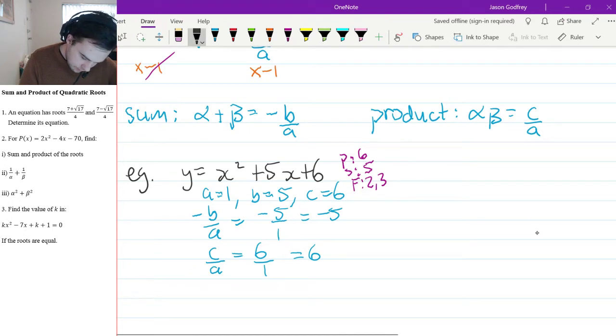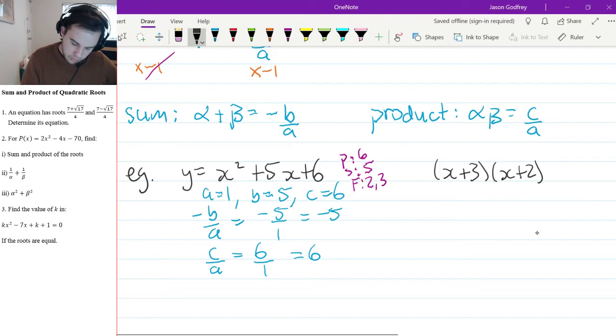So we'd have x plus 3, x plus 2 is equal to x squared plus 5x plus 6, and we'll find the roots when this equals 0. So x equals 0 when either this equals negative 3, so we'll call that first root alpha. Alpha is negative 3, or it equals 0 when this one's 0, which is when x equals negative 2.